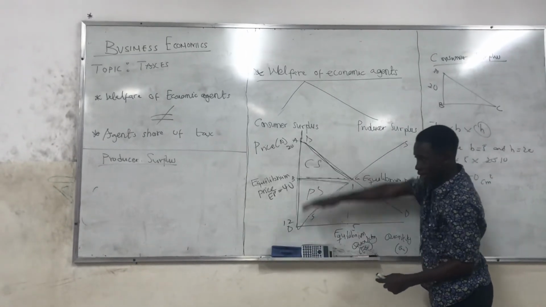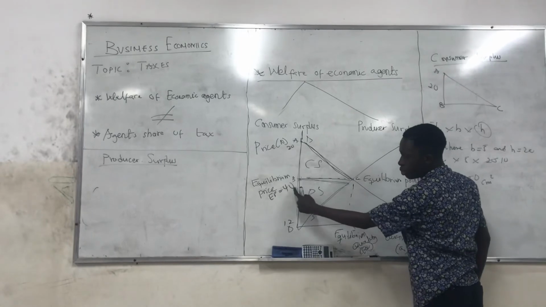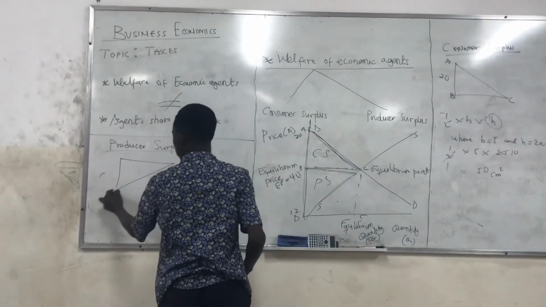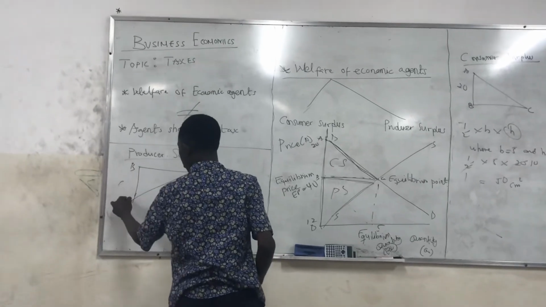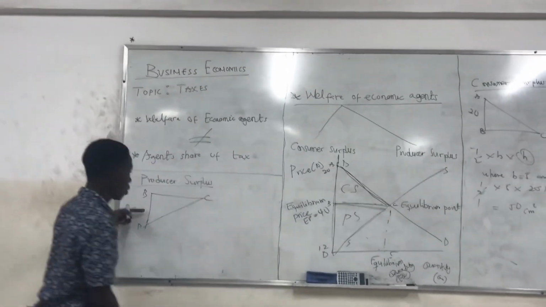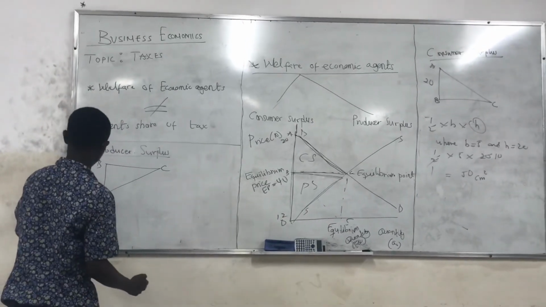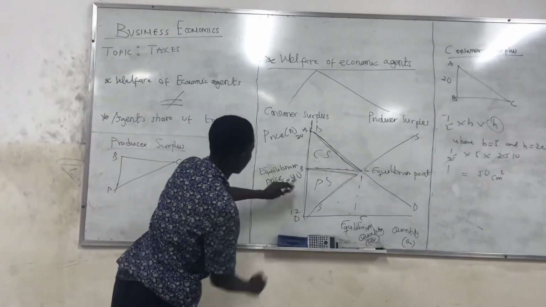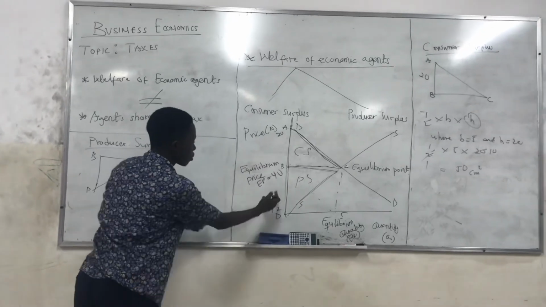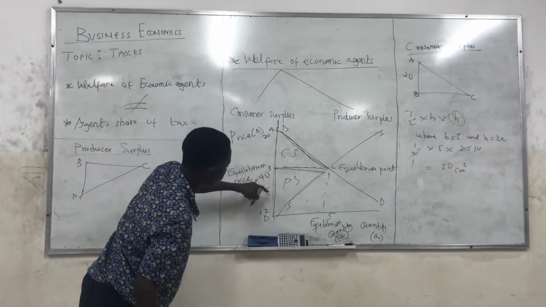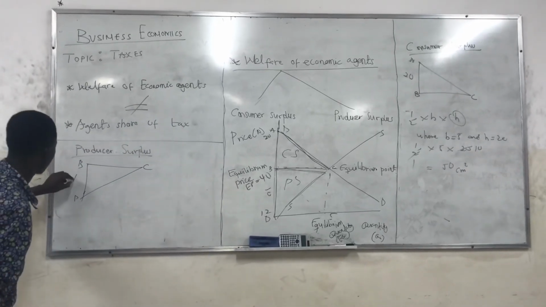Producer surplus is beneath the equilibrium price, which is BDC. Are you okay? We have our height to be 40. Okay, let me take this equilibrium price, 40. Let me take the height to be, let's say, 10. So this side is 10.